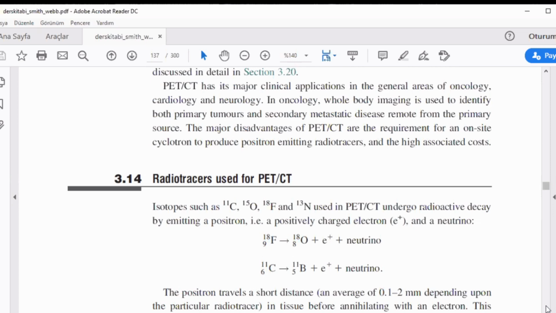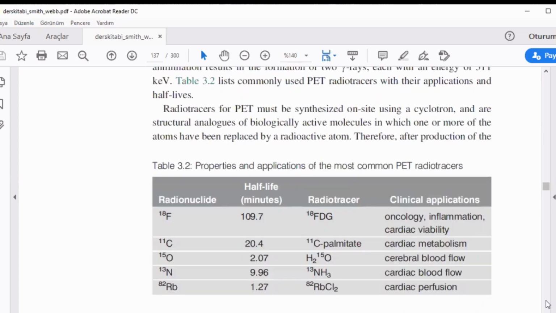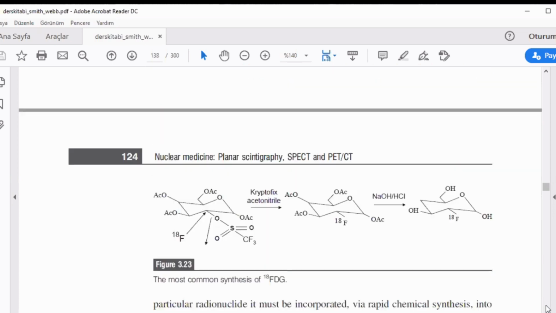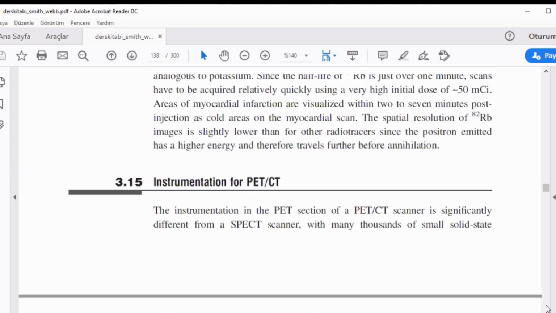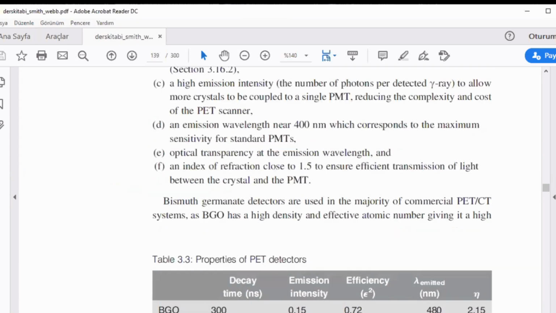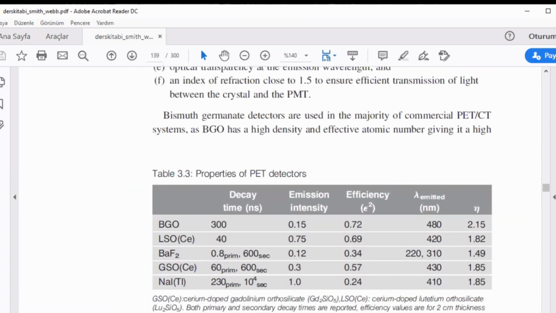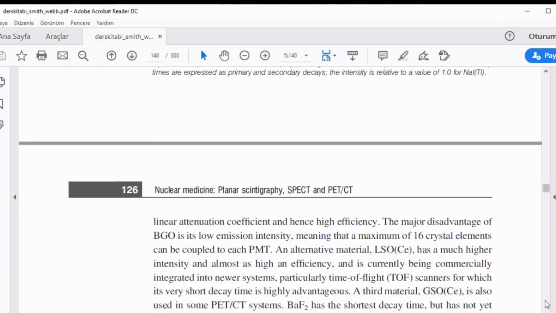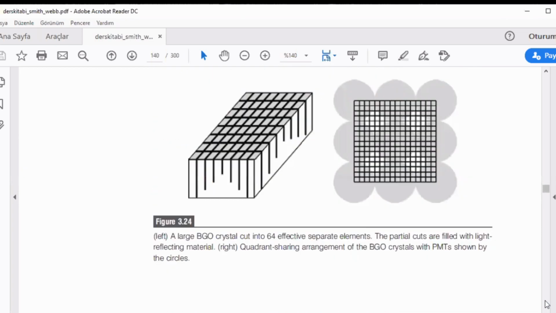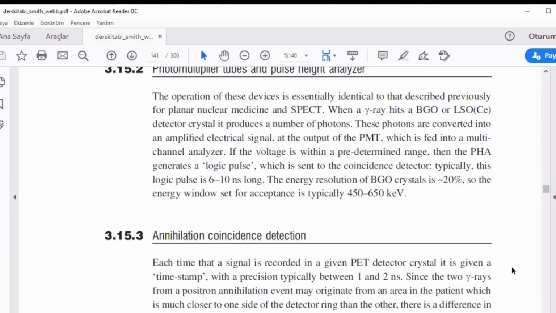Radiotracers used in PET and CT are again almost the same as our other radiotracers, except specialized heart and brain investigation require more specialized radioisotopes, which are listed here, and their chemical structures, etc., are stated. And of course, their detectors are more advanced, so these are also left as a reading exercise.